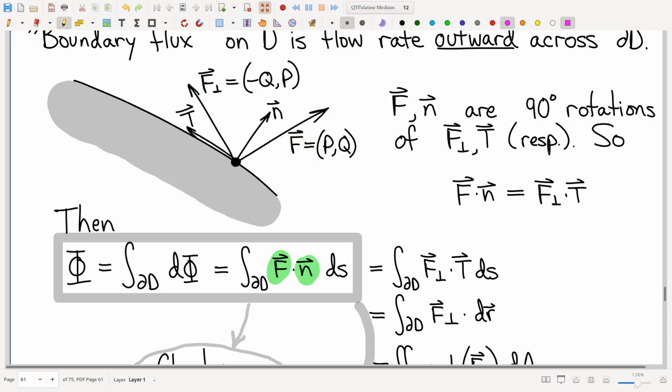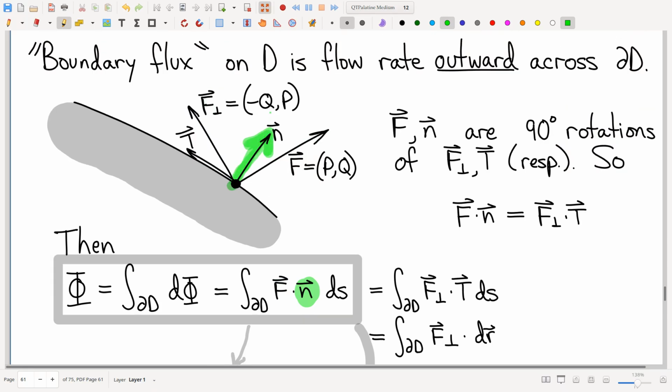And then the really clever idea, what happens when you take this outward normal vector? By the way, that's the convention. When you're talking about flux, the orientation convention is always outward. Arbitrary but standard. It's just the way it is. Somebody made this decision hundreds of years ago, and we're stuck with it for good or for bad.